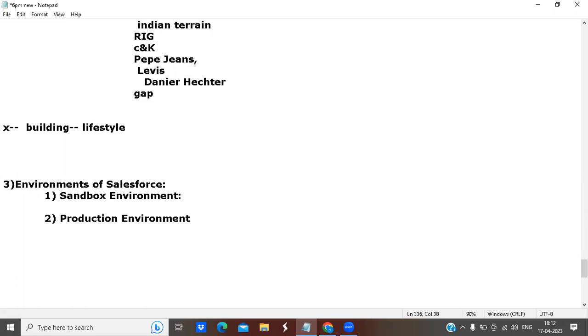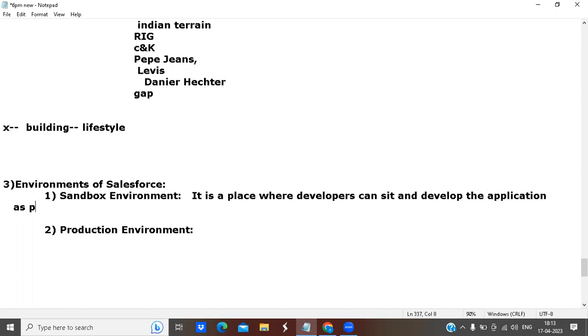Sandbox environment and production environment. So what is sandbox environment here? Sandbox environment means it is a place where developers can sit and develop the application as per the client's need.